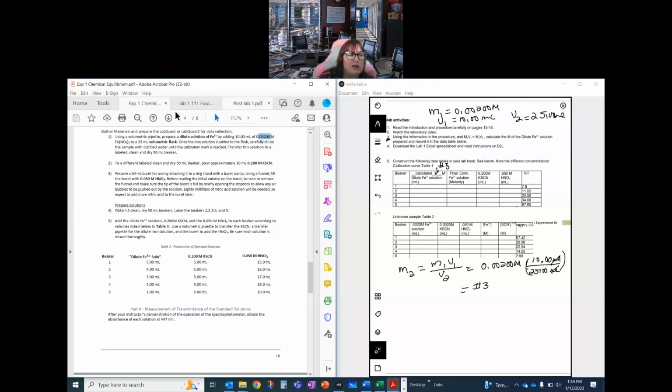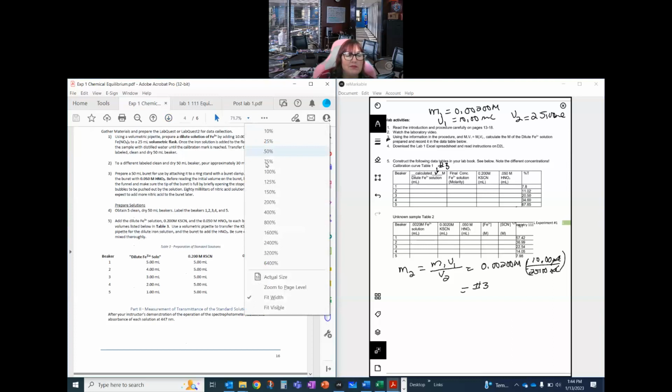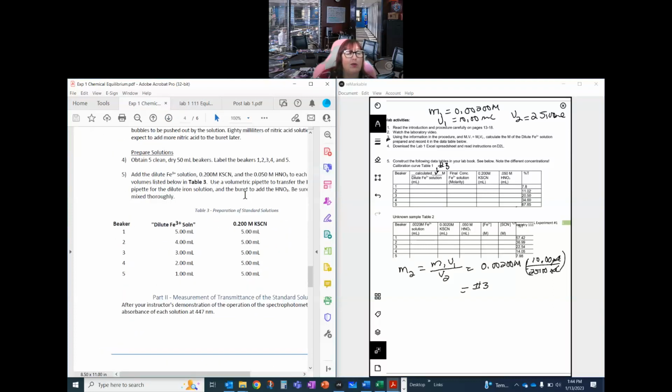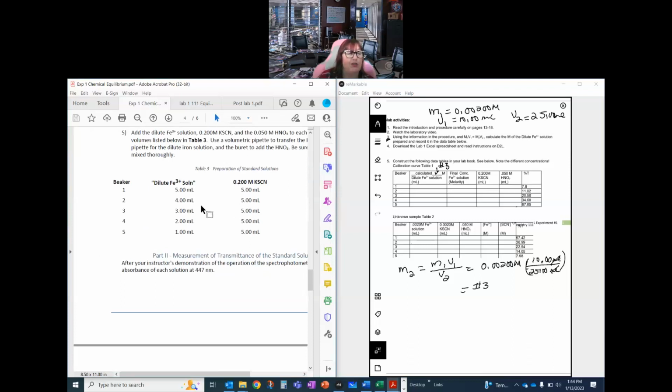Let's see if I can zoom in a little bit. You'll see that beakers 1 through 5 have different amounts of that Fe3+, but we have the same amount of the KSCN. Now, table 3 in the lab manual corresponds to table 1 in the pre-lab and summary.